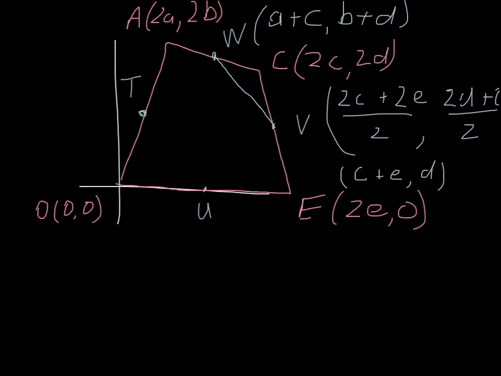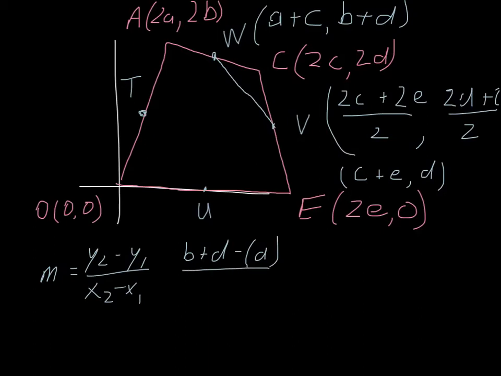Well, now we use the slope formula, y sub 2 minus y sub 1 over x sub 2 minus x sub 1. All right, here we go. So we're going to do b plus d minus the quantity of d over, now we'll do our x's, a plus c minus the quantity of c plus e.